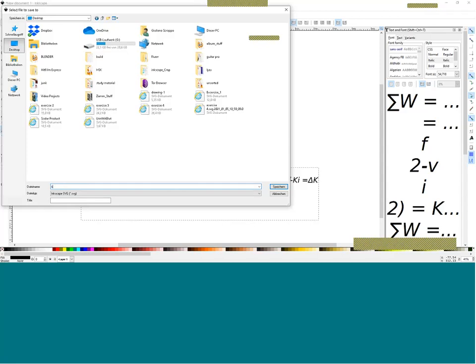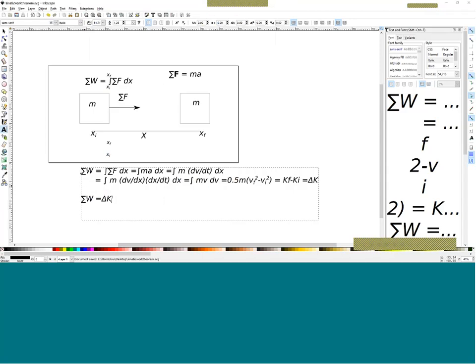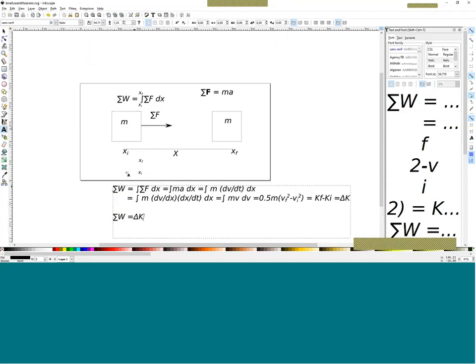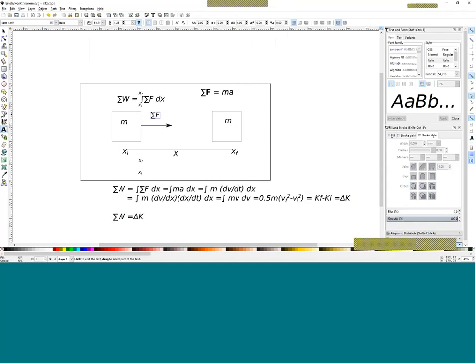Kinetic work theorem. If there aren't any questions, I would like to point out finally that this is the kinetic work theorem, what we're talking about here. It's the way that we can relate kinetic information to the sum of work done on an object.